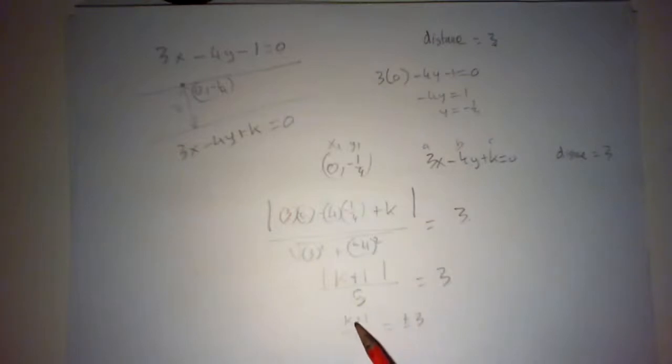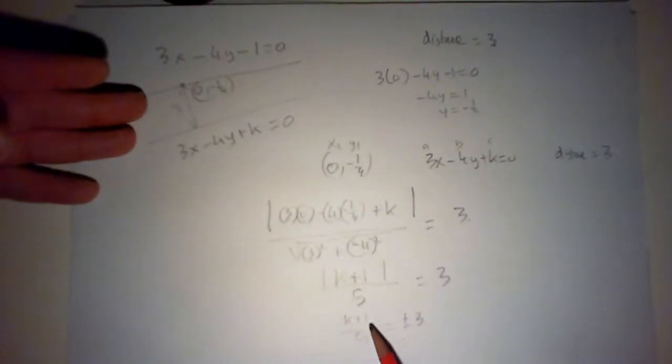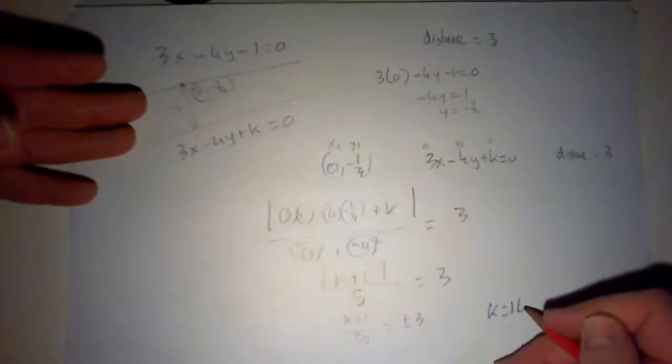It's probably easier to go with some number over 5. Some number divided by 5 gives you a plus 3, and some number divided by 5 gives you a minus 3. Well, let's think. There's only 2 possibilities, really. To get a 15, if it's positive, then 14 plus 1 is 15, and 15 divided by 5 is a plus 3. So it could be a plus 14.